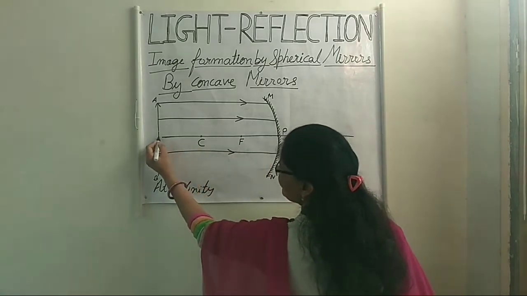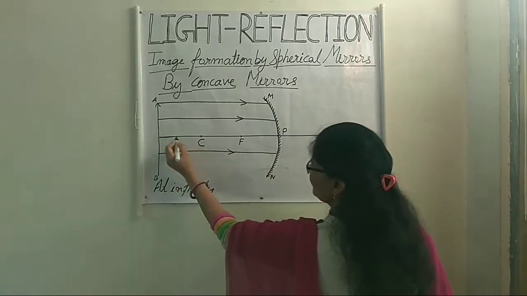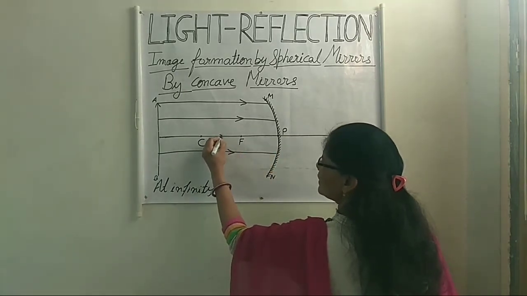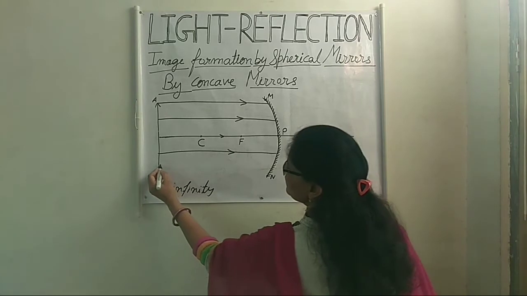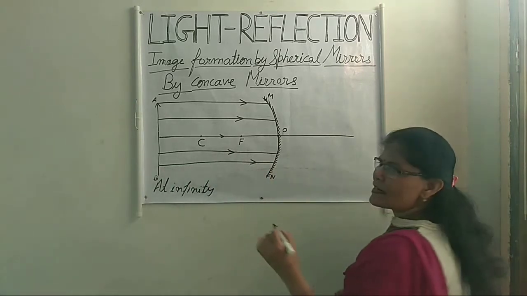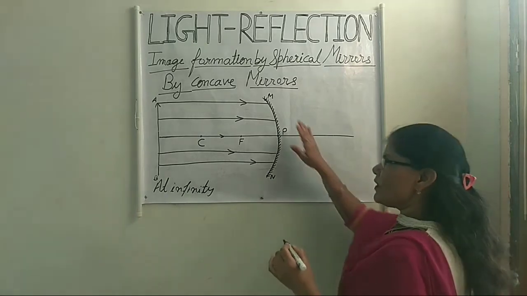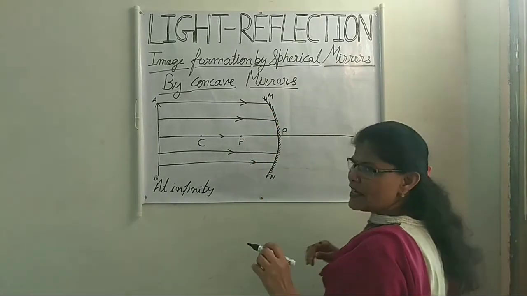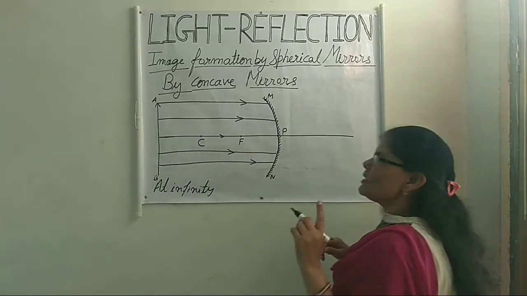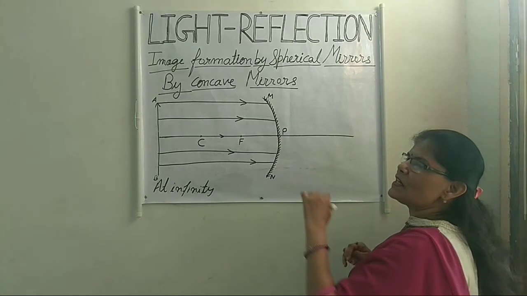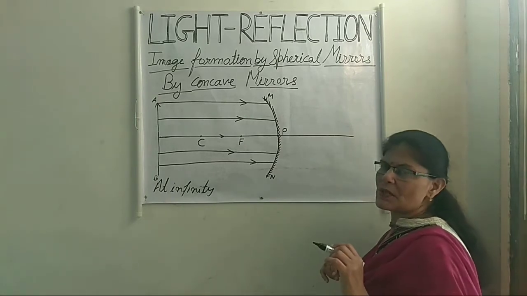We can consider this also the principal axis. If it is a parallel beam of light, then we can put an arrow here also. So all these are incident rays. When they strike the mirror, they get reflected, and after reflection, according to the first rule, when a parallel beam of light strikes the mirror, the reflected ray will pass through the focus.